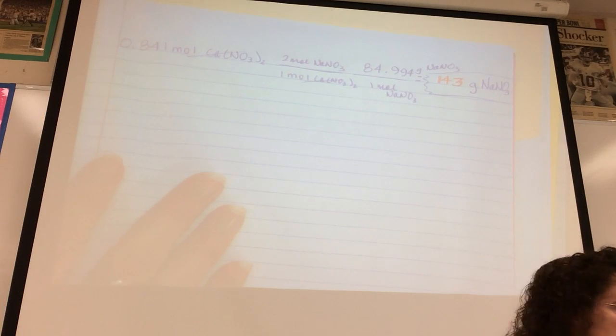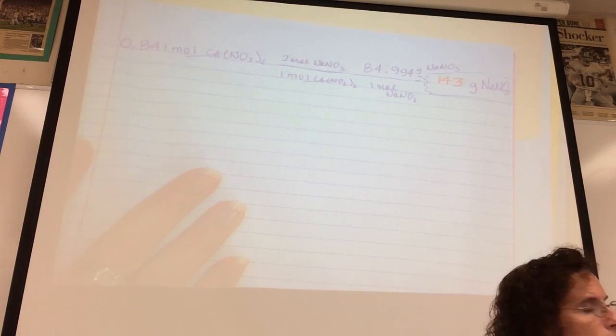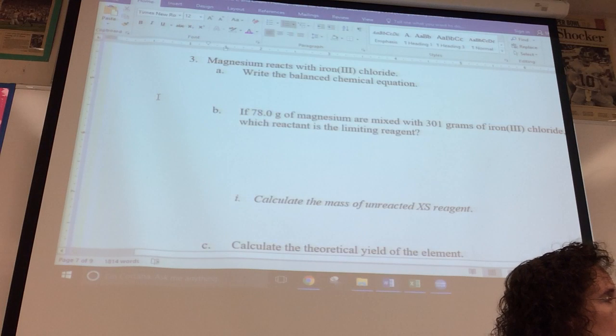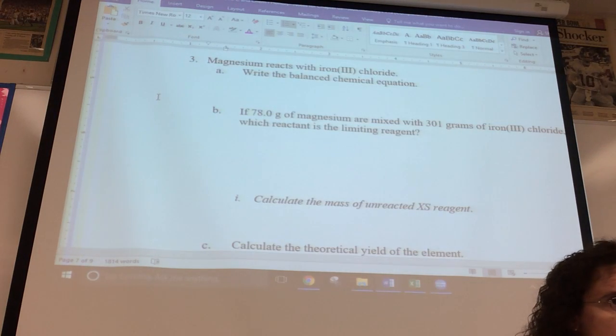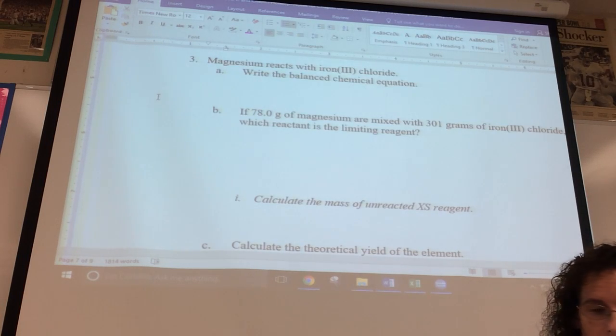What I'm going to ask you to do before you even move is you want to be able to do number 3 from start to finish. So in the next 5 minutes, you're going to sit and try and work through number 3. I'll show the answer in a few minutes. Also on your classwork, you want to be through number 6 before the next class. You already went through 5, so all I'm asking you to do before the next class is number 6.